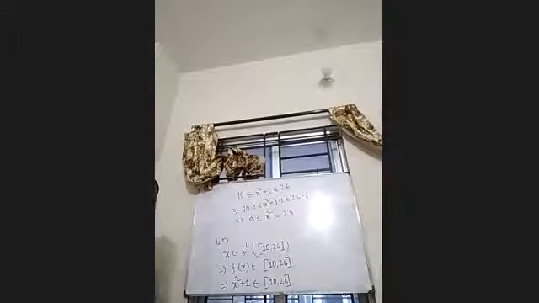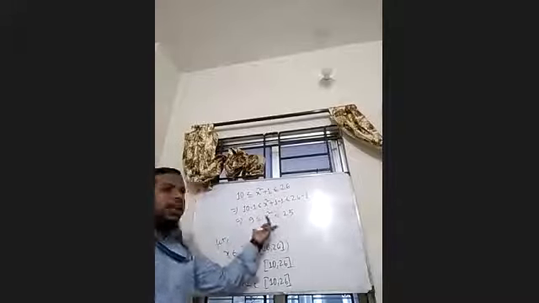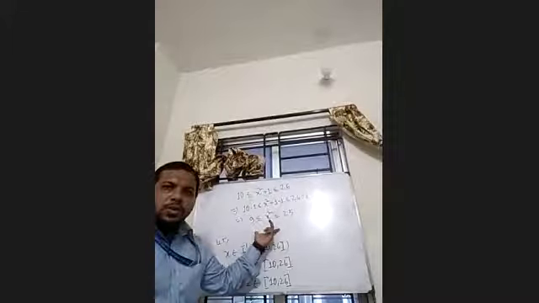Okay, so here if we take the square root on both sides, 9 will be plus minus 3 and 25 will be plus minus 5.